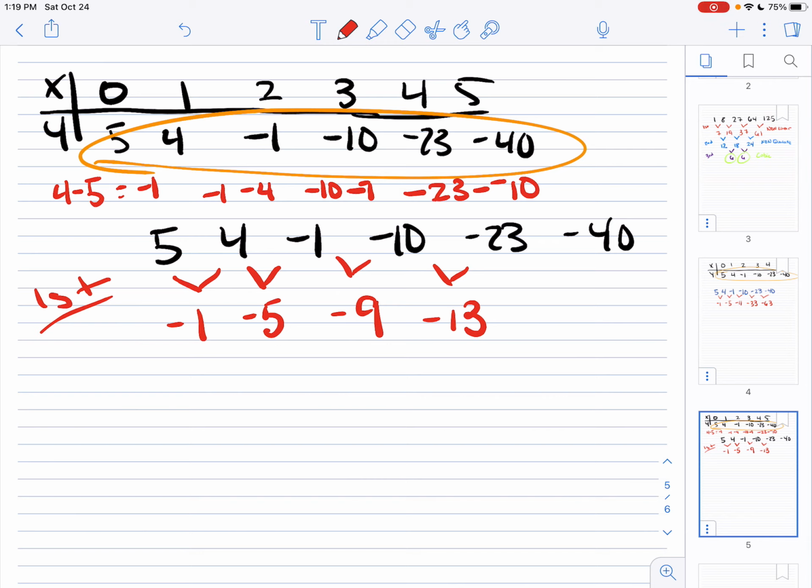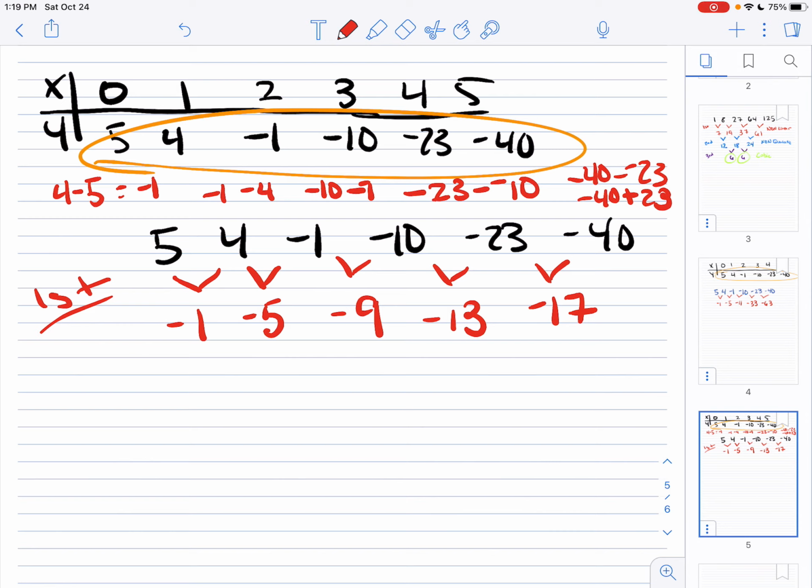And then -40 minus -23, which is the same thing as -40 plus 23, gives -17. All right, so it is not a linear relationship.